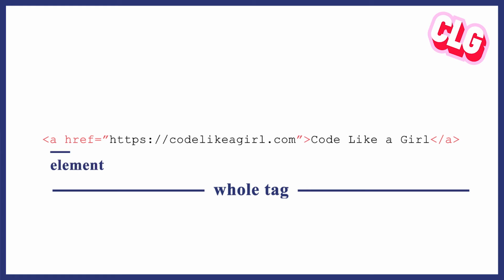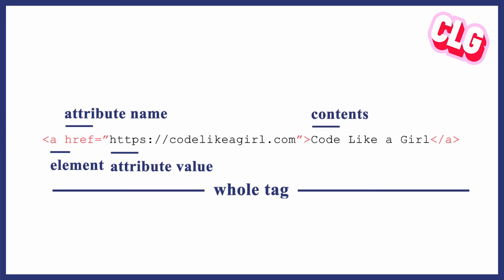The element is the A, which is referring to the anchor element. The attribute is the href. The href stands for hypertext reference, and the value of the attribute is the URL itself. And in between the opening and closing tags, we have the content that the user is actually going to see on screen.